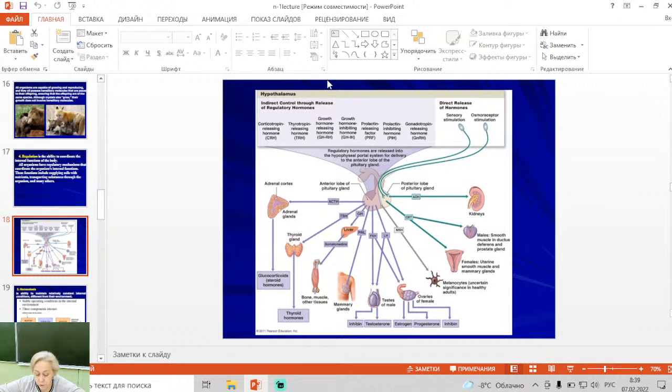The hypothalamus secretes hormones that either stimulate or inhibit the pituitary gland. In response, the pituitary gland secretes its hormones, which affect the peripheral endocrine glands by regulating their work and the secretion of their hormones. The hormones of these glands affect various processes in our body.